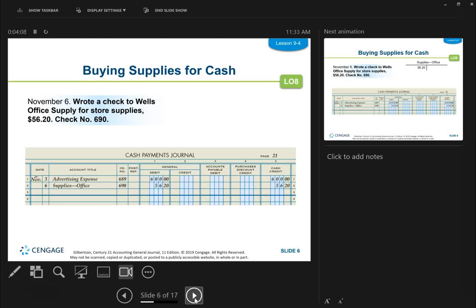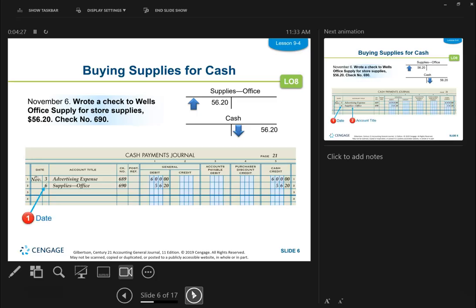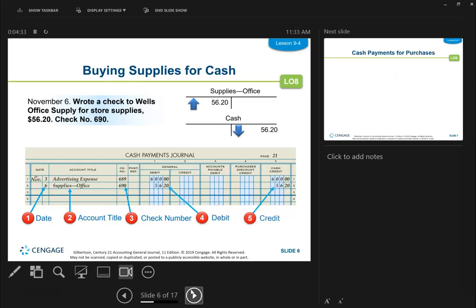That's not accounts payable, the other option for debit, so it goes into the general column. So supplies was a debit, cash again is a credit because cash is leaving our pocket. Supplies are a debit because we're gaining some materials to do business. And then once again, we date, title, check number, debit and credit. You okay?